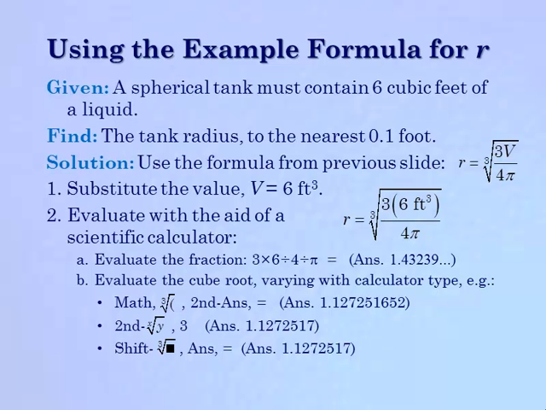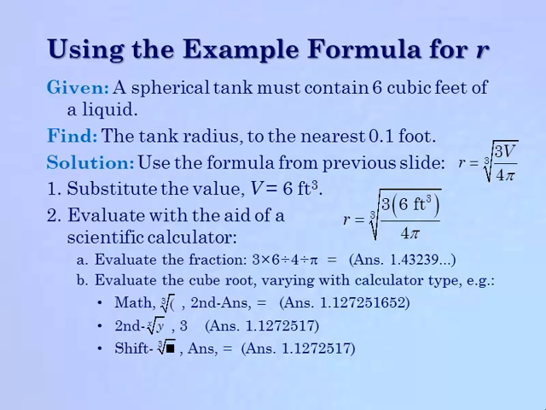Another kind of calculator has the cube root function on the keyboard, and you'd have to press shift to get to that cube root function directly, and then press your answer to get the previous fraction and press equals, and you should also get the same result.